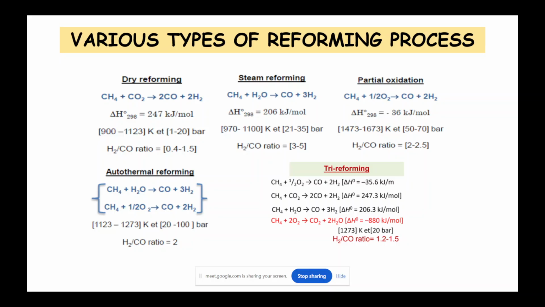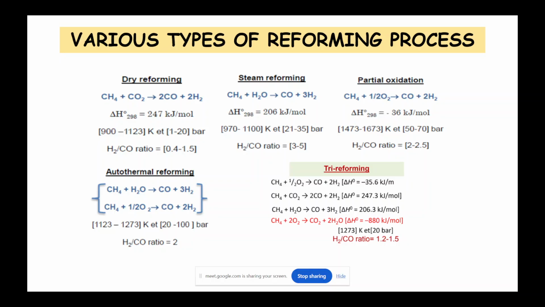So you can check the other details, like what would be the temperature ranges? For example, in case of steam reforming of methane, the temperature usually varies between 970 to 1100 Kelvin. Whereas in case of partial oxidation, you require much higher temperature range. Whereas in case of autothermal reforming, it somewhere lies between your steam reforming and partial oxidation.